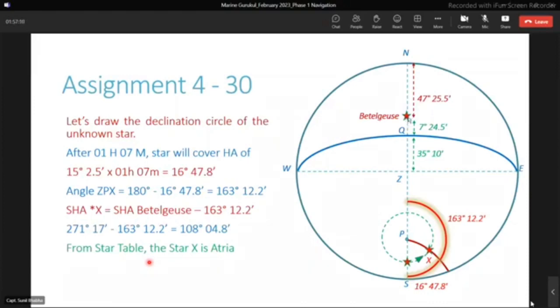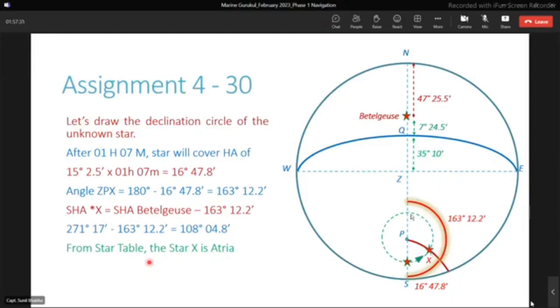NPX, right? The angle NPX is 163 degrees. So we know that this unknown star is 163 degrees east of Betelgeuse. It means that it is a difference in our angles, right, sir? Exactly, beta. It is the difference in angle between these two, and the star is east of Betelgeuse. Now, SHA is a westerly measurement.